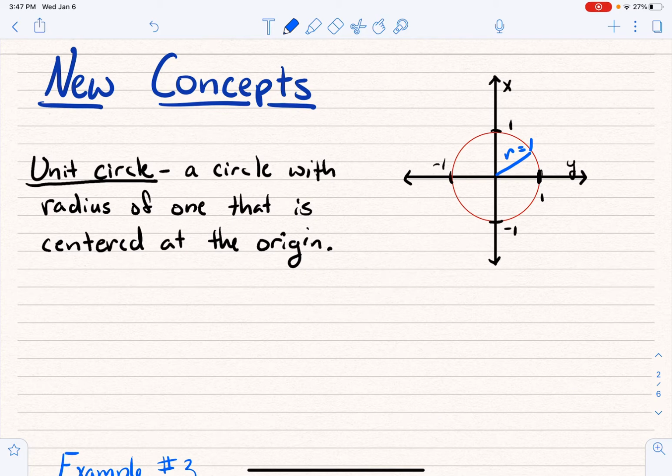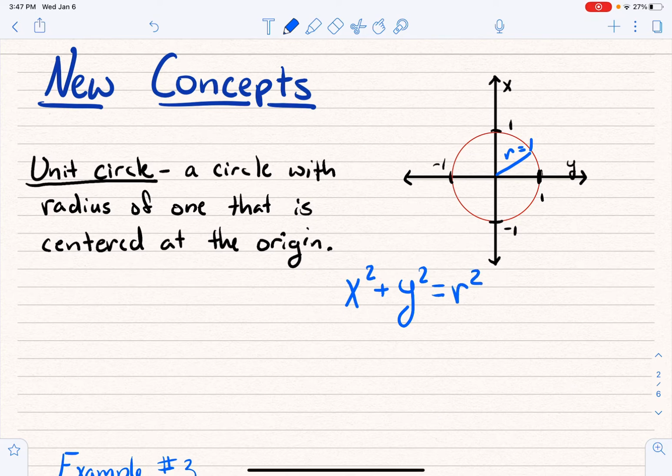It's a really simple thing. Someone says, what's a unit circle? Say, well, a unit circle is a circle with a radius of 1 that's centered at the origin. Now, I'm not sure if anybody remembers, but we did circle problems, and we talked about what the equation of a circle was. And the equation of a circle was always x squared plus y squared equals r squared, if it was centered at the origin.